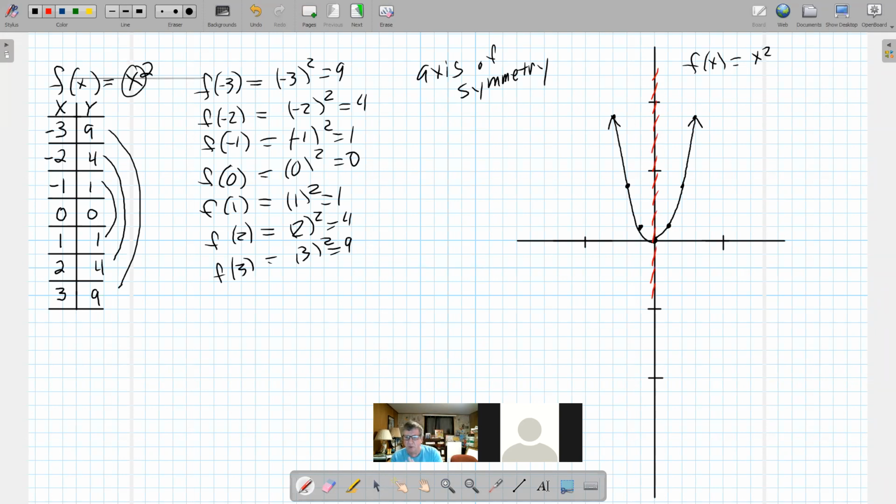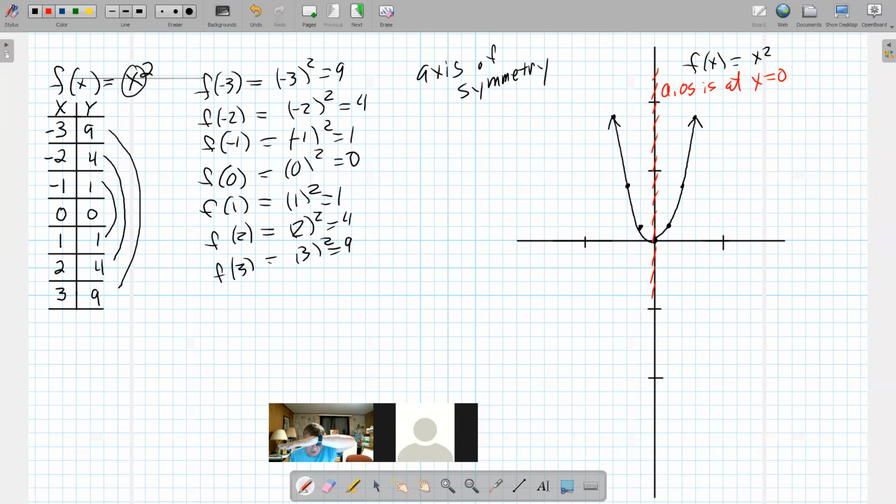Okay, can you see that the graph is symmetric about that line? So we'll say that the axis of symmetry is at x equals 0, because the equation of a vertical line is x equals a constant. Y equals a constant is a horizontal line. Okay, we covered that the other day, but x equals a constant is a vertical line. So the axis of symmetry is at x equals 0 for this thing.